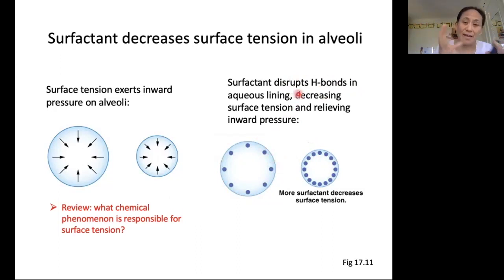When we disrupt that hydrogen bonding, we lessen the surface tension in that layer, and as a result we relieve that inward pressure. Thinking big picture again, that increases lung compliance. It makes it easier to stretch those alveoli open because you have less surface tension pulling inwards on the alveoli.